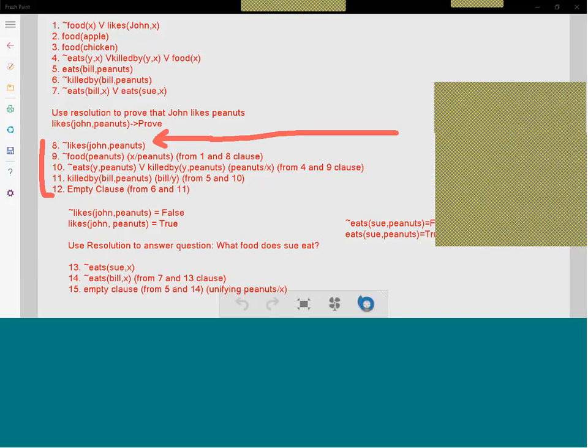Now tell me, which strategy are we using for resolution? I'm giving you two options. First one, forward chaining. Second one, backward chaining. Tell me which strategy I am using for resolution. Can anyone tell me?